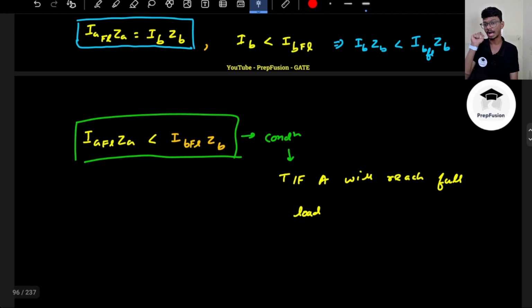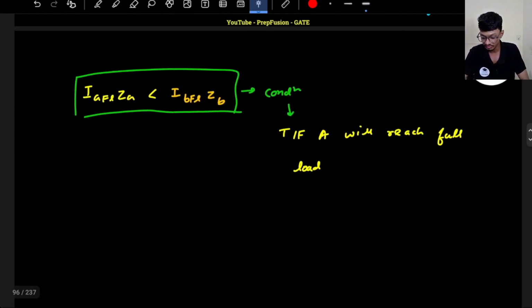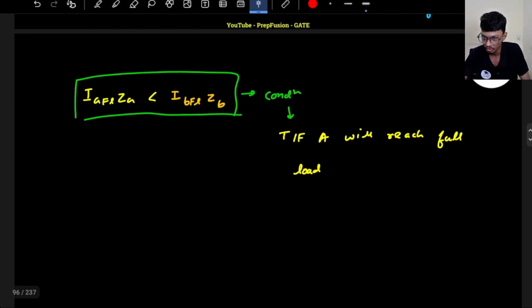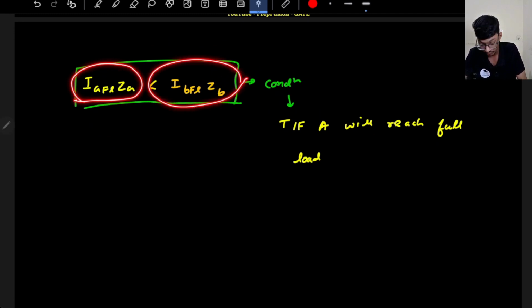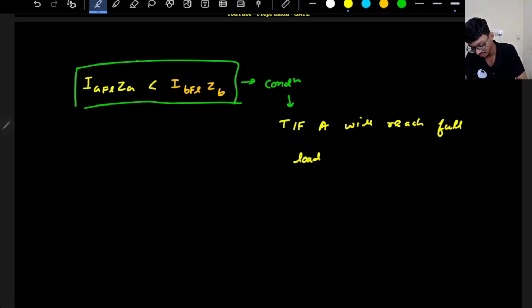So I will check which transformer will reach full load first if I keep on increasing my load, if they have different full load currents. This is the condition: if the voltage drop across transformer A is lower than the voltage drop across transformer B, full load voltage drop. So these are called the full load voltage drops.